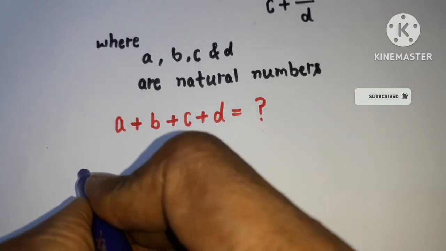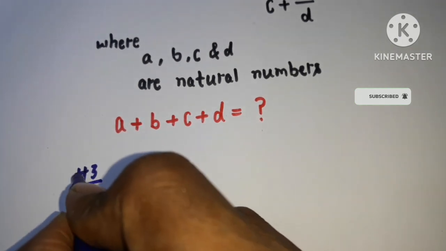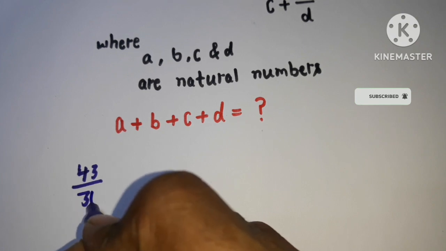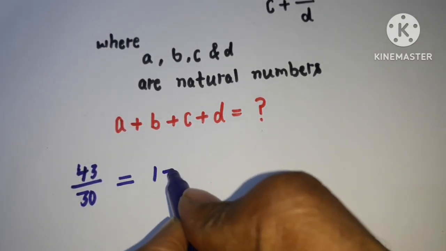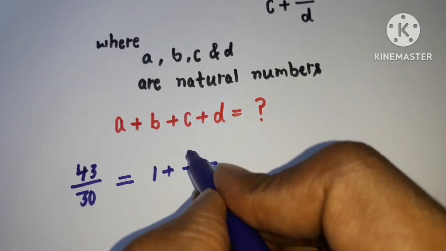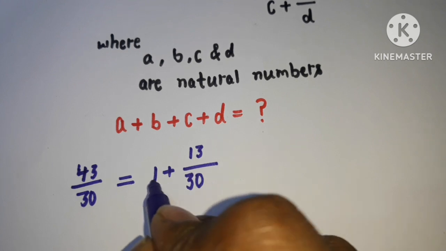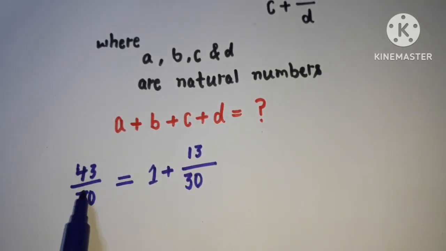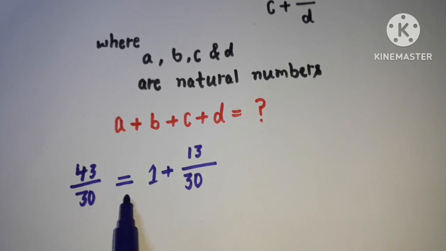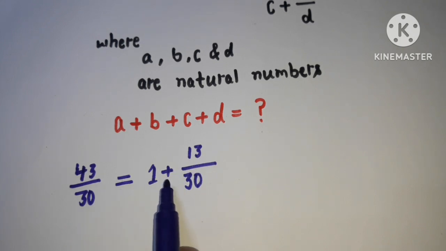Here we can write 43 divided by 30 as 1 plus 13 divided by 30. In this way, the rational number is converted into a natural number plus a rational number.